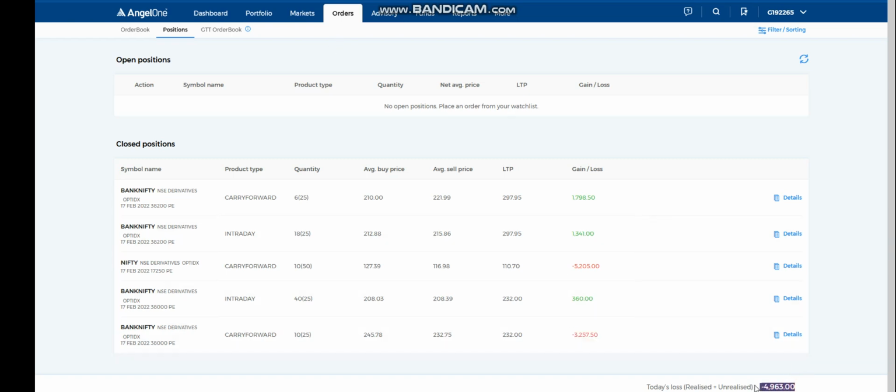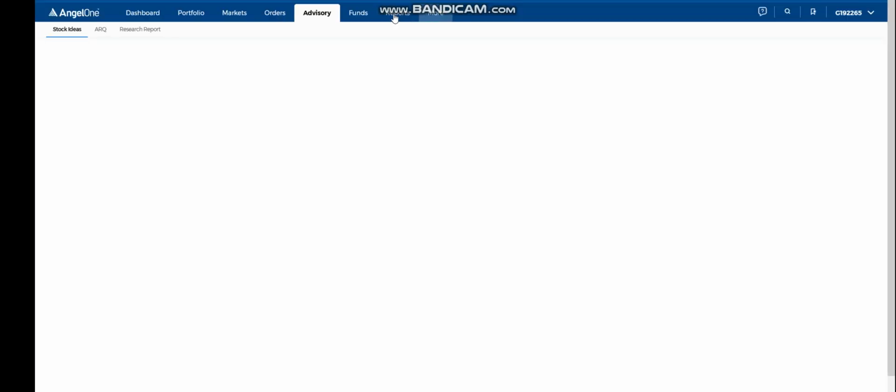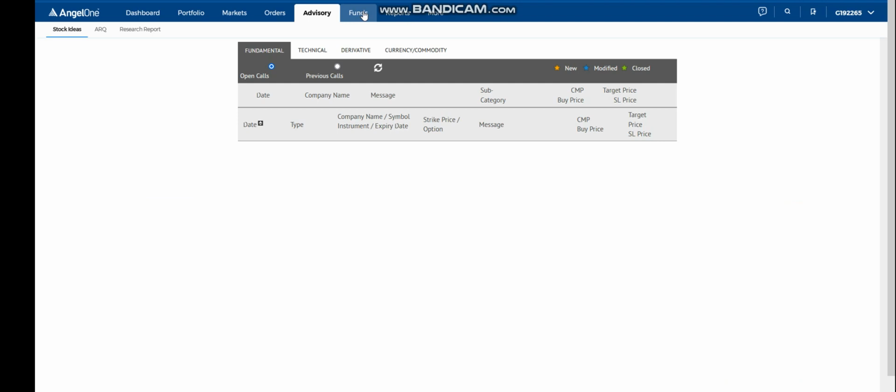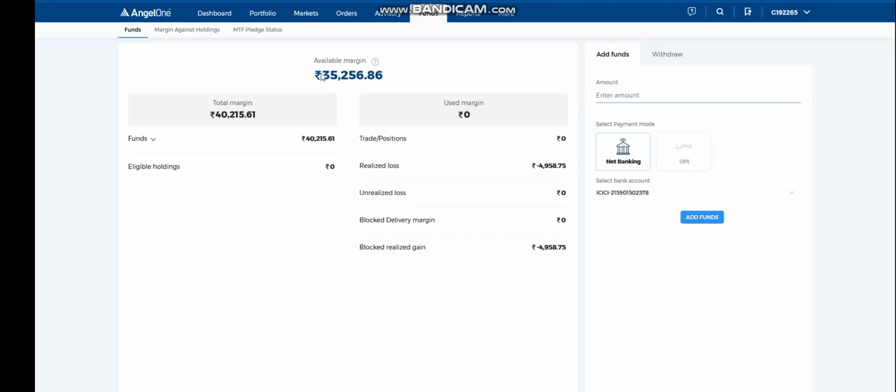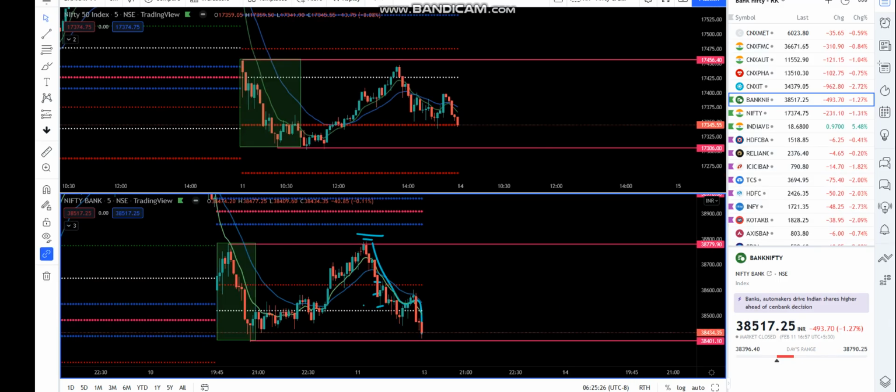Today I faced around 5,000 loss, and with brokerages and other charges it's almost 6,300 rupees. Still, I put 35K as capital this month, and I still have the 35K in hand, so I can come back next week.